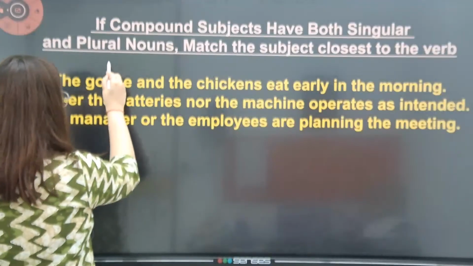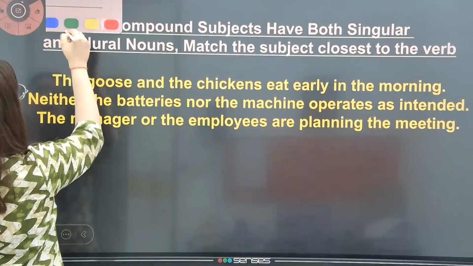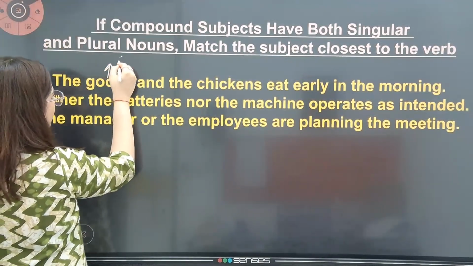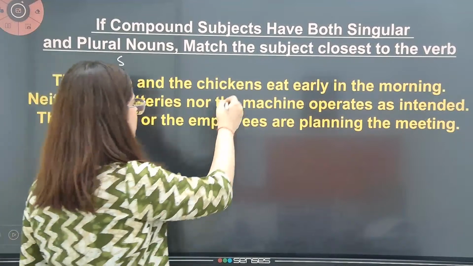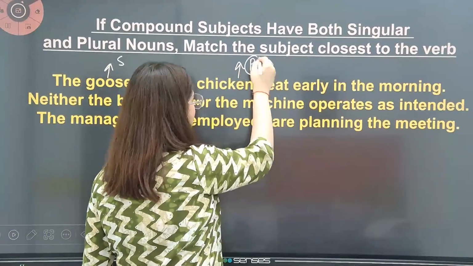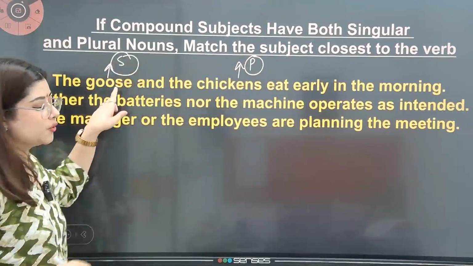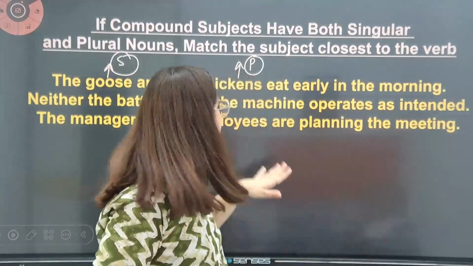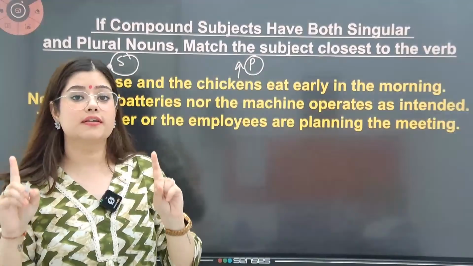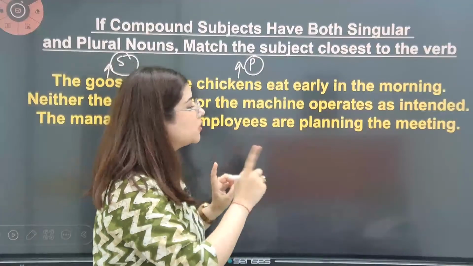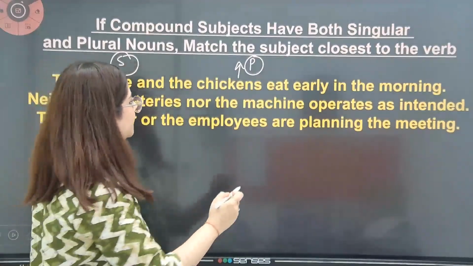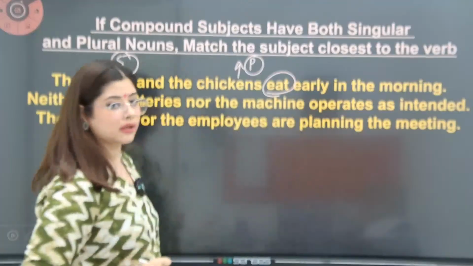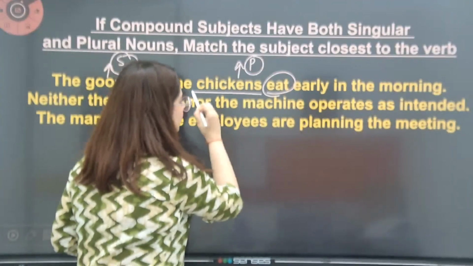The goose, which is singular, and the chickens, which is plural. So now we have one singular subject in the sentence, we have one plural subject in the sentence. But I am going to consider the subject which is closer to the verb. It is chickens.